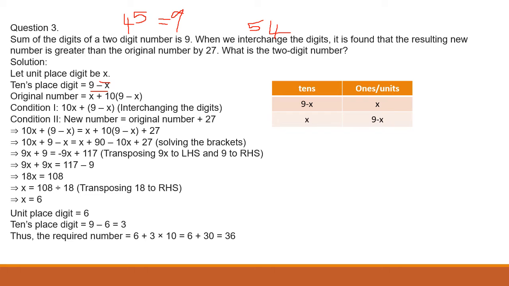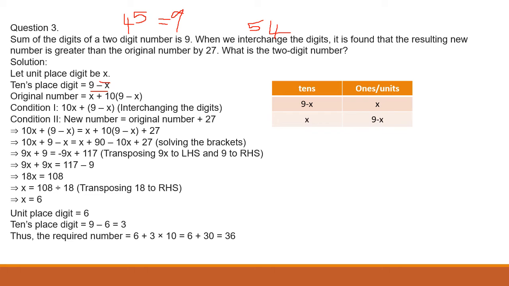Children, on transposing, minus 9x goes to this side and becomes plus 9x. 9x plus 9x equals 117, plus 9 comes to this side and becomes minus 9. 9x plus 9x equals 117 minus 9. 9x plus 9x means 18x. 18x equals, in 117 minus 9 we get 108. x equals 108 divided by 18.